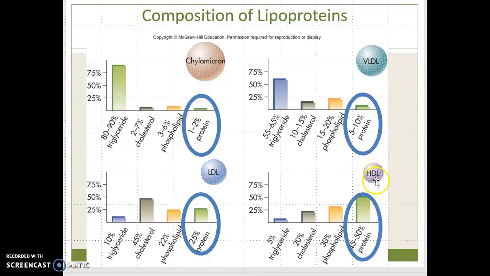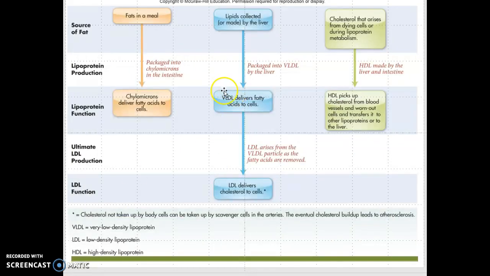So why do you think it's more helpful to have high levels of HDL and low levels of LDL? Because this just tells you when you have a lot of HDL in your system, you have lower fat. If you have a lot of LDL, it's slightly lower in protein, has more cholesterol, a little higher triglyceride. So you can just see that the constituents change. So that is how we differentiate them, and then how they're packaged.